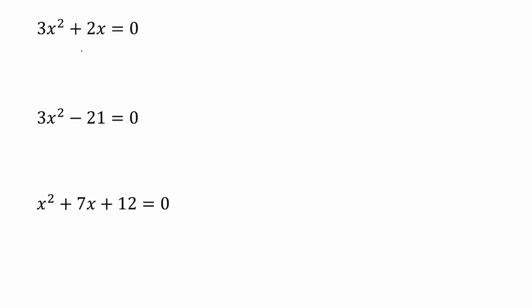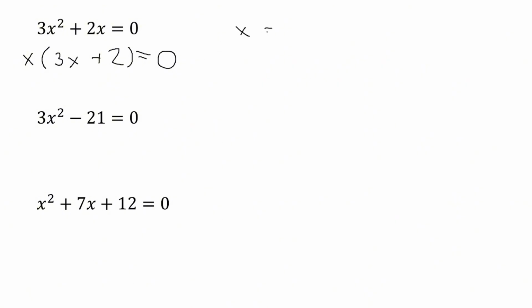So the first type is where we're missing the absolute term. In this case, what you want to do is factor out the x, so that's going to be 3x plus 2. And we know that when we multiply two things and they equal 0, one of them has to equal 0.